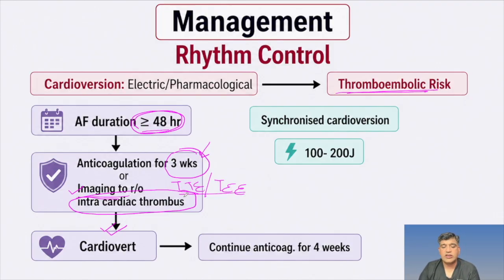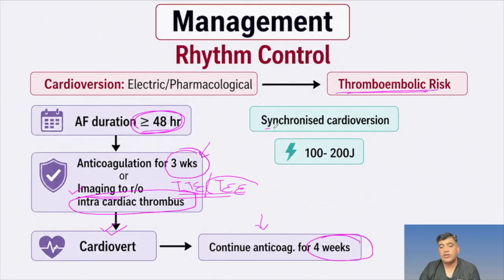The imaging is TTE, transthoracic, or transesophageal echo, and continue anticoagulation for the next 4 weeks. This is how we do cardioversion in patients whose AF has been more than 48 hours.